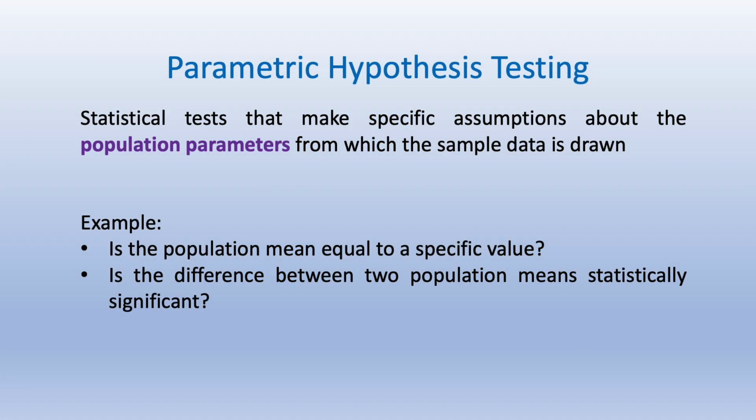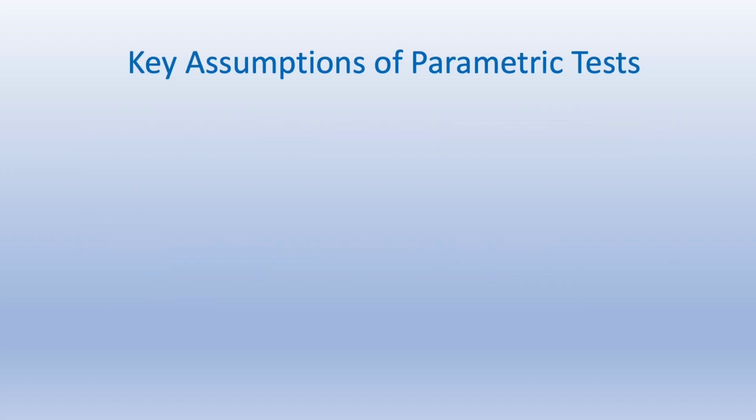In parametric testing, hypotheses are formulated and tested about these population parameters. For example, is the population mean equal to a specific value? Is the difference between two population means statistically significant?